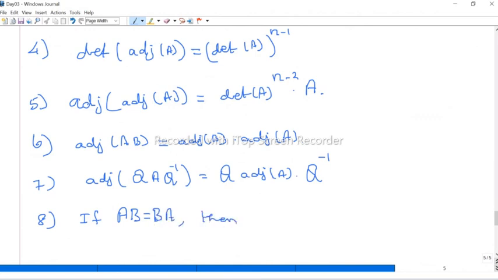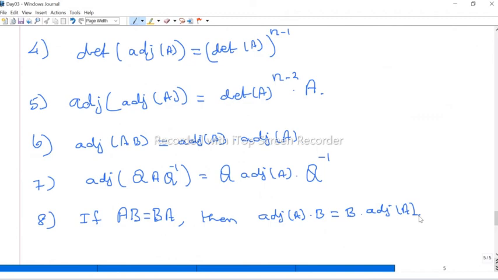Then adjoint of A into B equals B into adjoint of A. So these are all properties of adjoint.